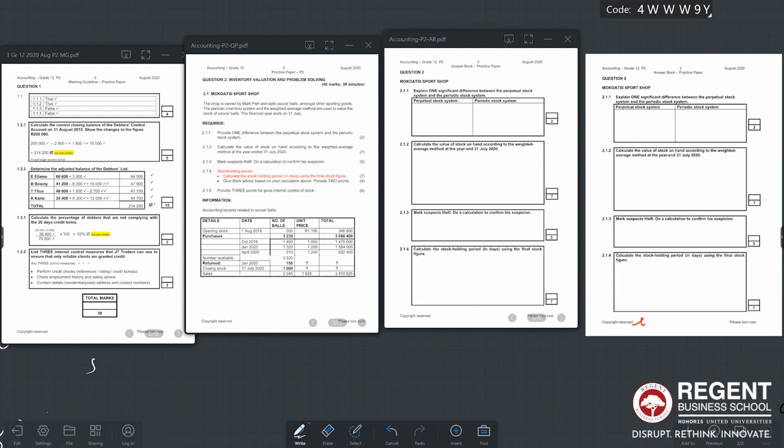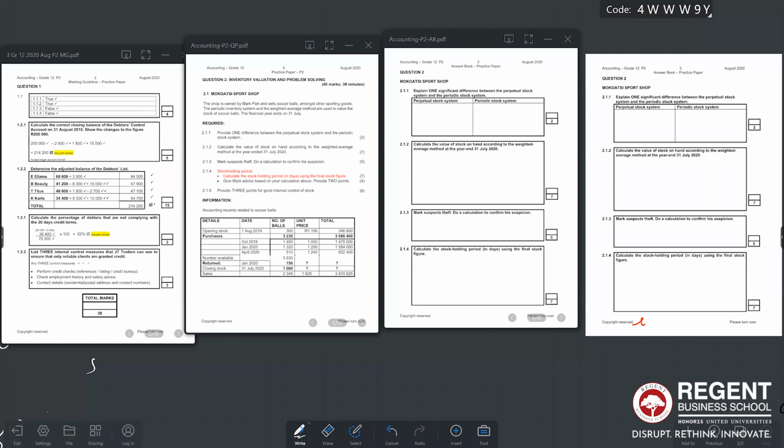It says here, the shop is owned by Mark Fish and sells soccer balls, amongst other sporting goods. The periodic inventory system and the weighted average method are used to value the stock of soccer balls. The financial year ends on the 31st of July. Now, they mentioned periodic inventory.